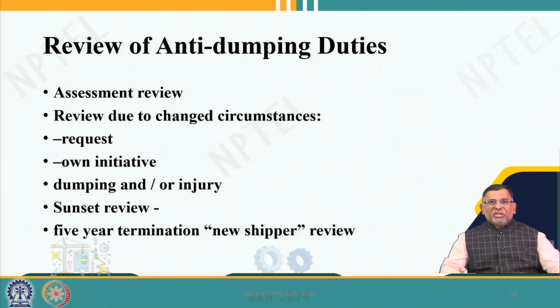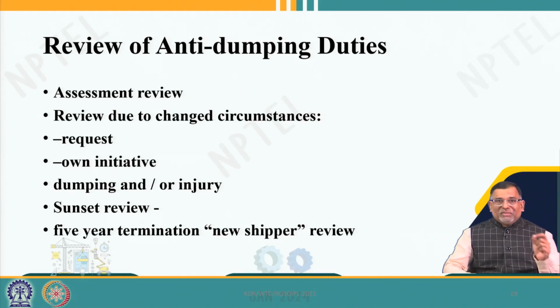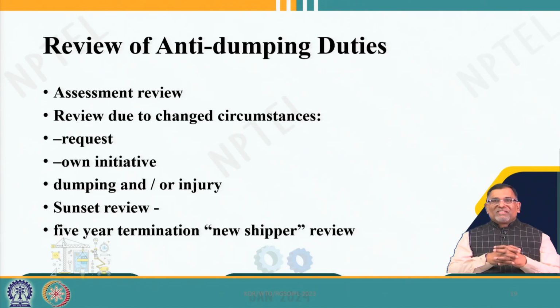And review of anti-dumping duties to be done from time to time. So, this time to time is usually 5 years, maximum period of 5 years. So, that means the sunset review provision or new shipper provision, which says that to the maximum you can impose anti-dumping duties to the tune of maximum 5 years, and even much before that the states can do a review, but maximum.